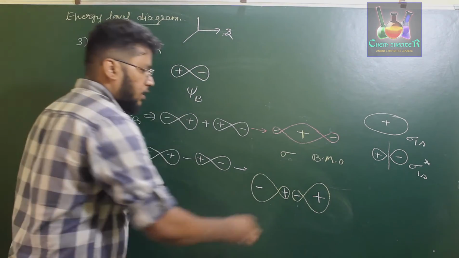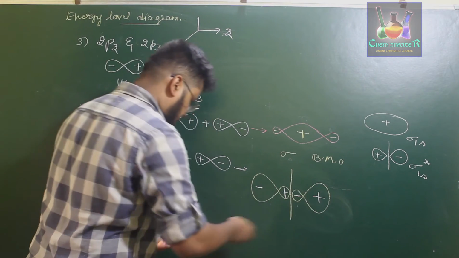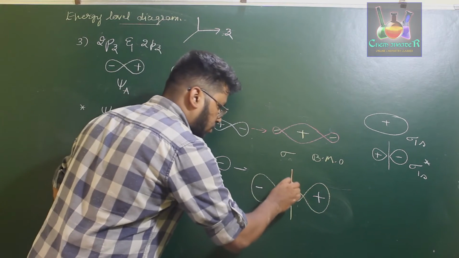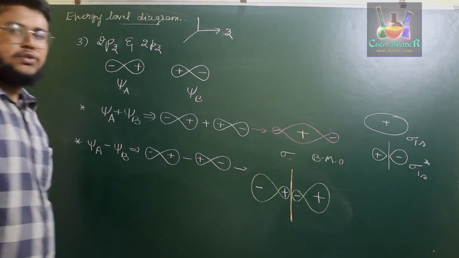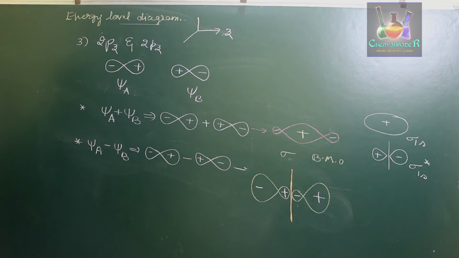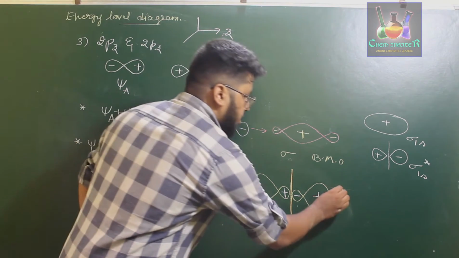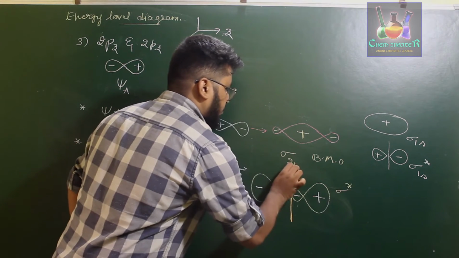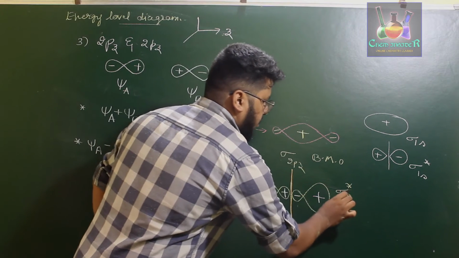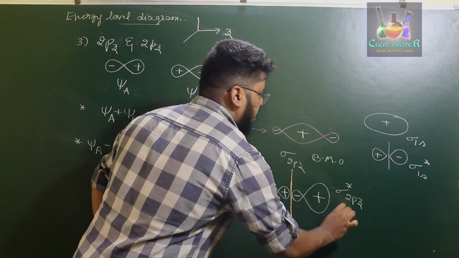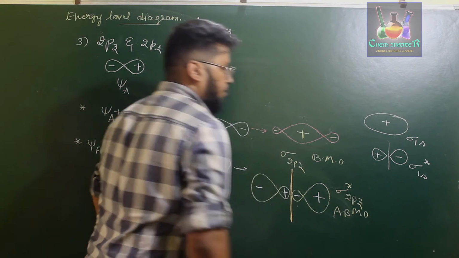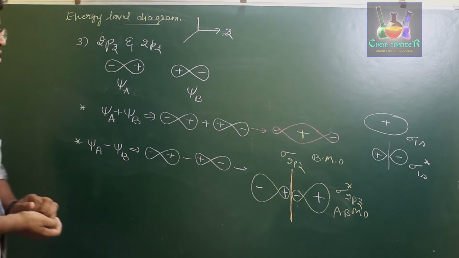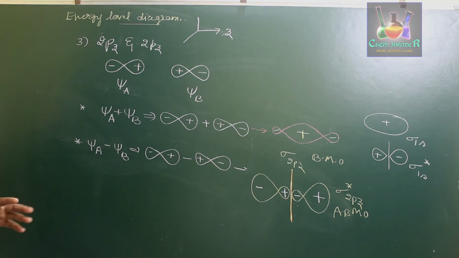If you observe carefully, there is a node present at this particular center. There is a node which indicates there is no overlapping and there is a possibility of zero electron density. So this is sigma 2pz, this is sigma star 2pz anti-bonding molecular orbital. Okay, so this is how sigma bonds are formed of 1s, 2s and pz orbitals.